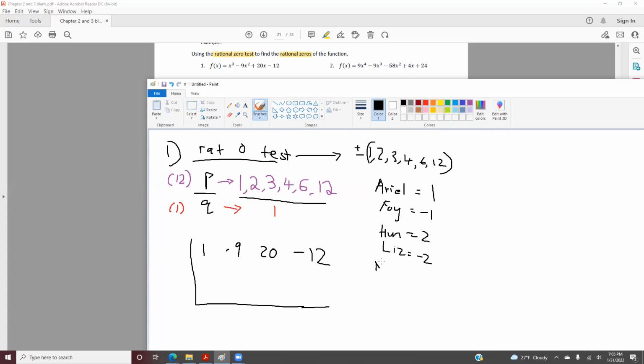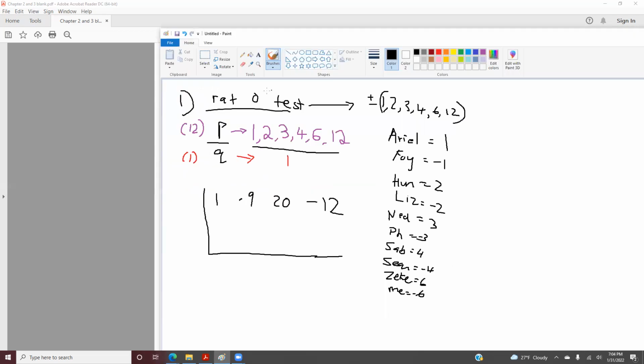Neda, 3. Fong, -3. Sabrina, you're going to do 4. Sean, you're going to do -4. Zik, you're going to do 6 because we don't have 5 here. And I'm going to do -6. So we're going to break you guys into doing your own synthetic division. So go ahead, class. Do your own here.